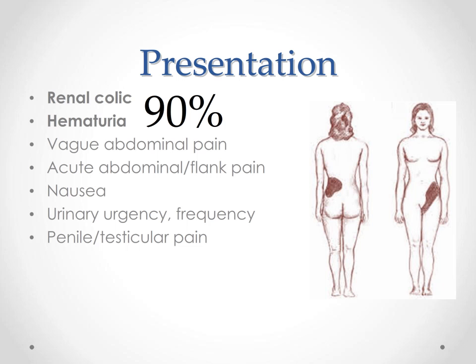And some people will have real acute abdominal pain and flank pain. Nausea and vomiting can be seen. Urinary urgency and frequency and penile and testicular pain are also symptoms that can show up in a presentation.